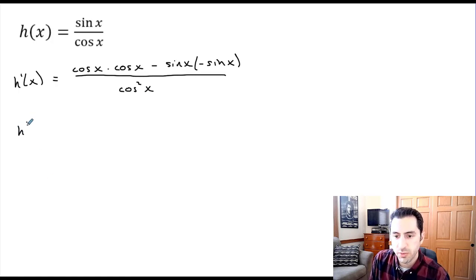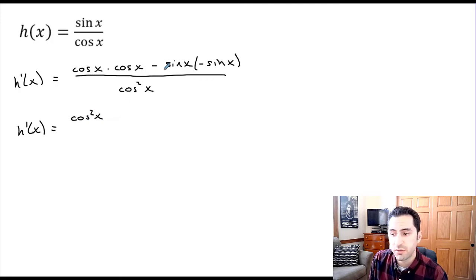Now let's do some simplifying and see what we end up with. So in the numerator, cosine times cosine, we have a cosine squared of x. The second part, we have a negative sign times a negative sign. So that's going to turn into plus sine squared of x. And now this is still over our cosine squared of x.